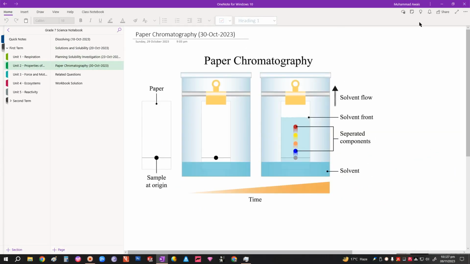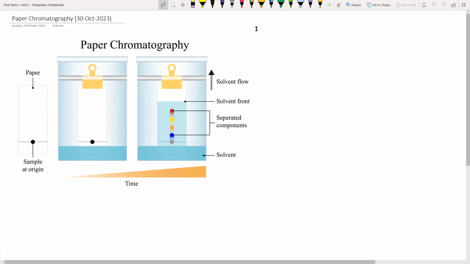And now finally we discussed paper chromatography, which is a separation technique, right?